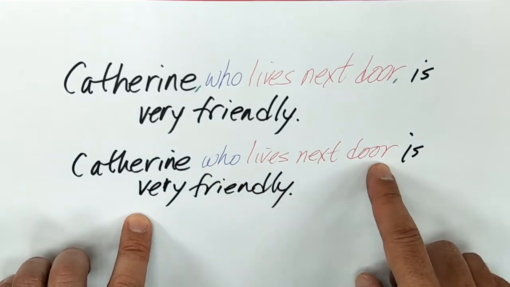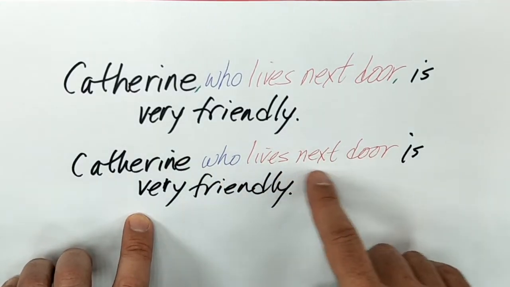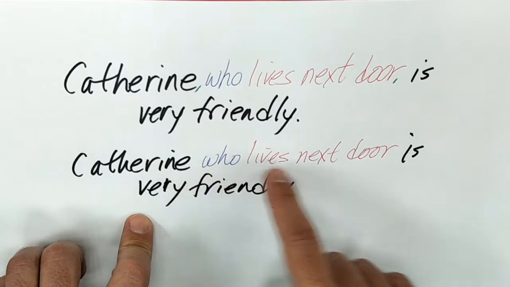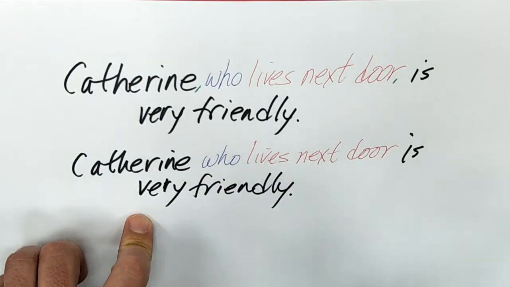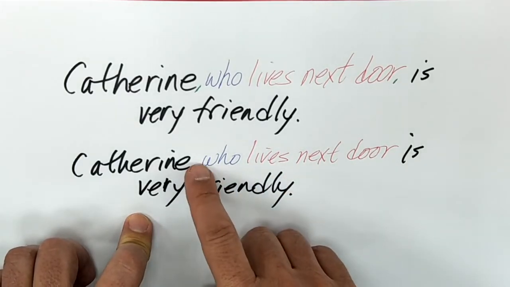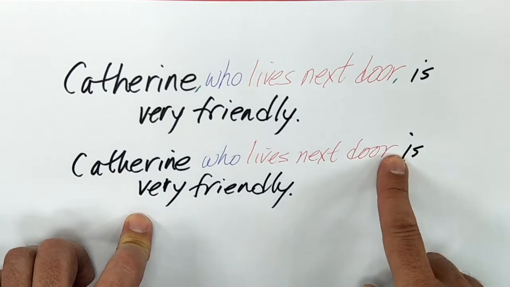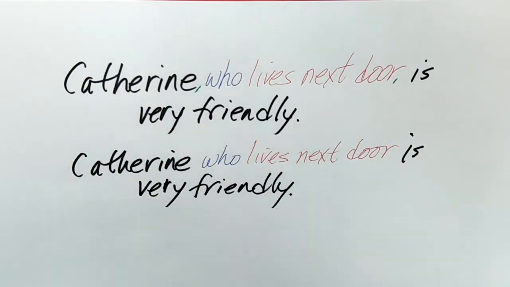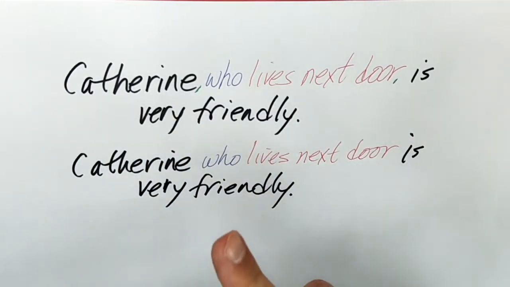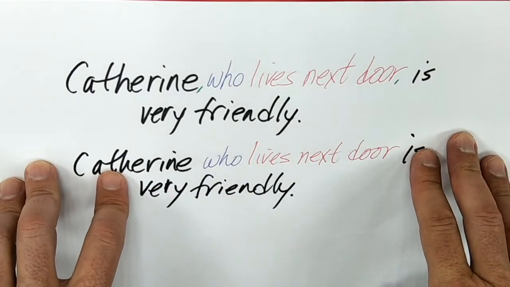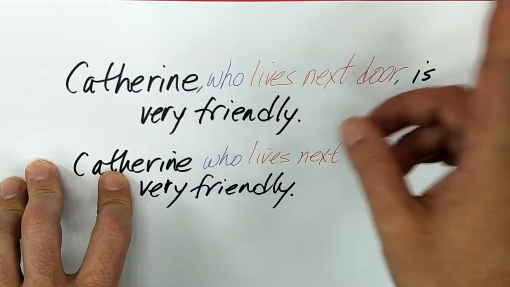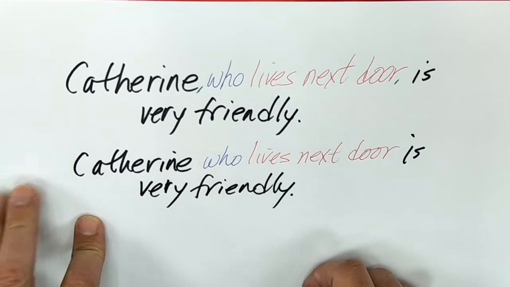If you think the adjective clause is very important to understand the sentence, no comma. Many students will write a comma in the front and no comma here. Wrong. That is really wrong. Terrible. Really wrong. You either have comma, comma, not important, or no commas.